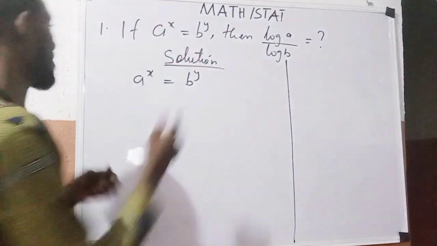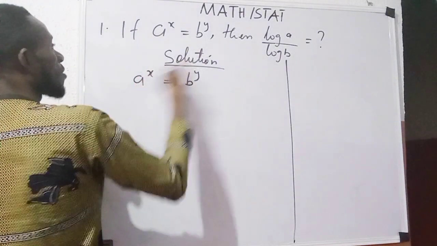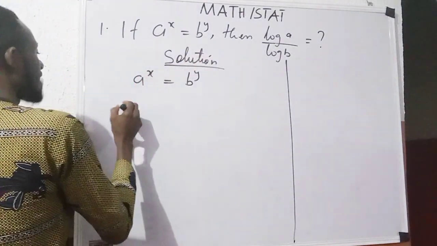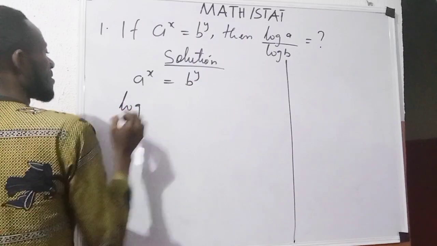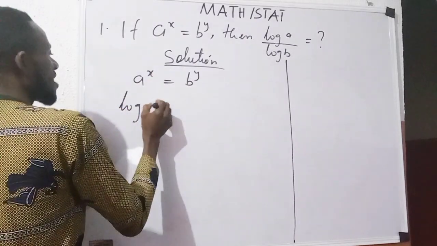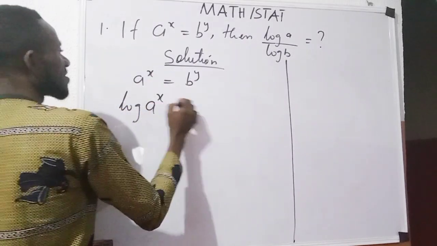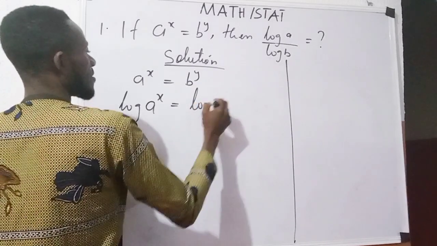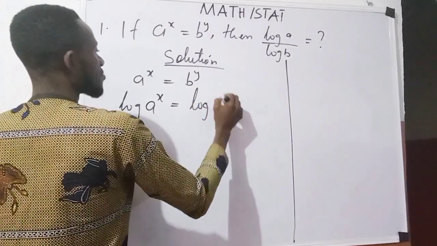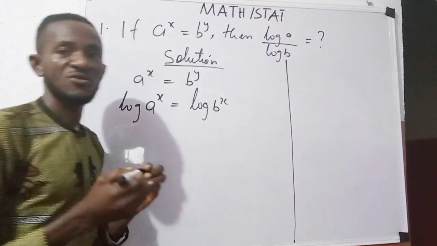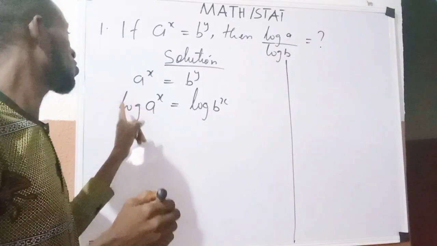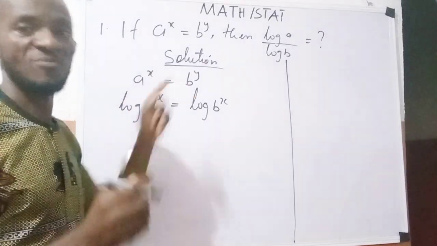So I'll come here, using the log to multiply this side, I'm going to have log a raised to power x equals log b raised to power y. So what I have done here is to use log and multiply left and multiply right.